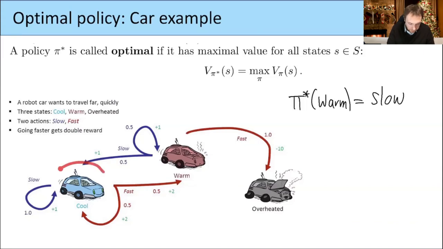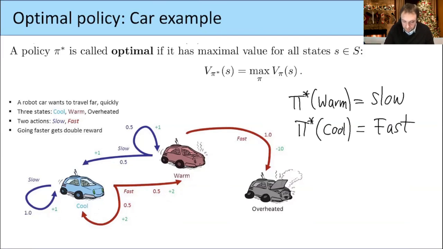But if we are in the cool state and we want to maximize our value, then we always want to go fast, because we get these 2 rewards instead of going slow. So the value of the optimal policy at the state cool is fast. In this example, it's quite clear what the optimal policy looks like.